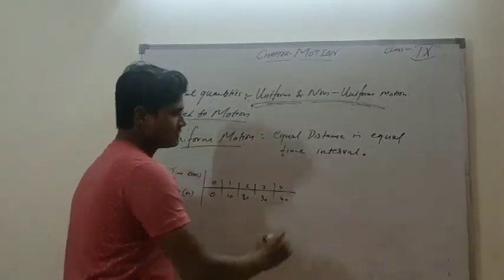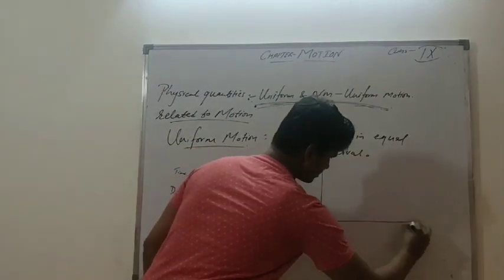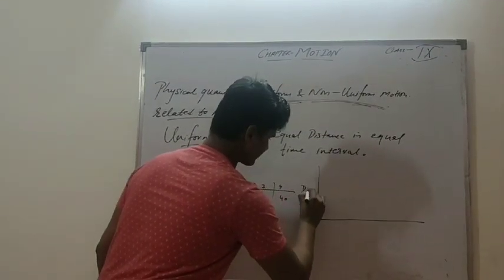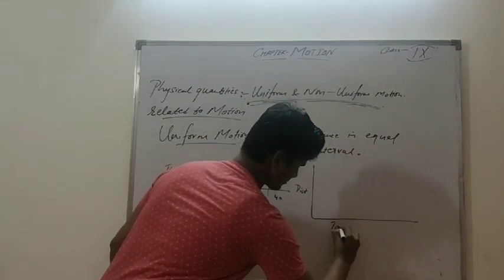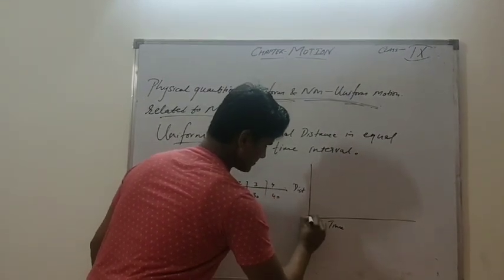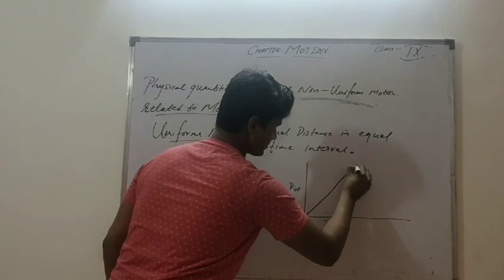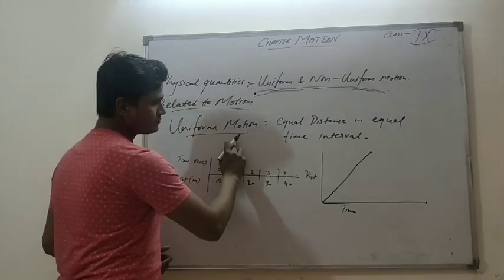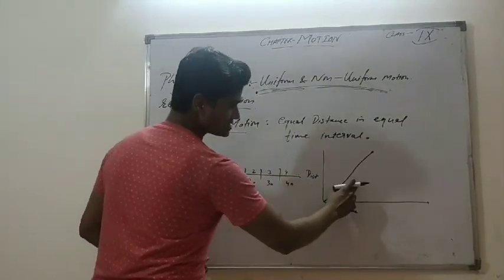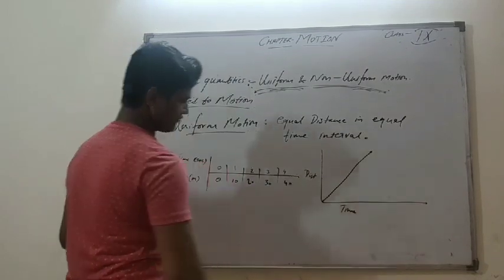For the given data, if we draw the distance time graph, we will get a straight line. We can say that for uniform motion, we will get a straight line for the distance time graph.